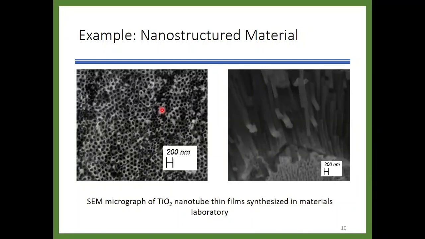So this is a bigger size film, but it has some internal structure which we can measure and which falls into the nanoscale. So this is a nanostructured material. You can see the side view of the tubes. This is a film made with a vertically grown array of tubes. This kind of material we call a nanostructured material.